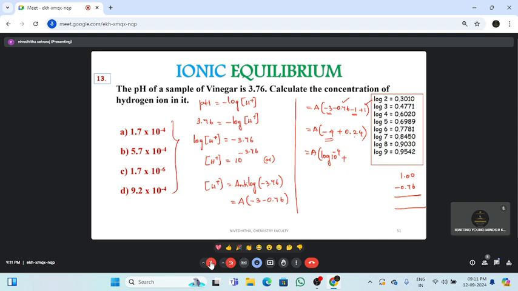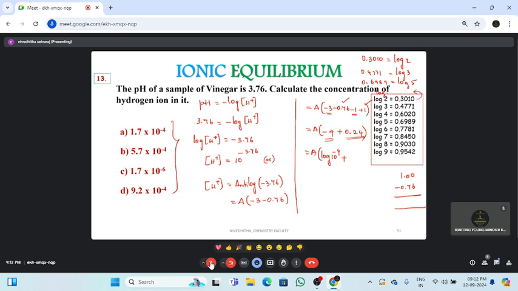Similarly, I have to write this 0.24 in terms of log. How should I write that? If the value was 0.3010, I can write it as log 2. If the value was 0.4771, I can write it as log 3. If the value is 0.6989, I can write it as log 5. Here the value is 0.24. So where will 0.24 be?